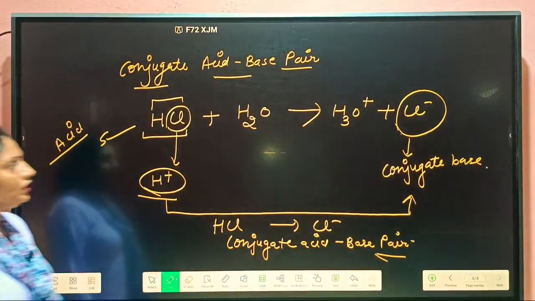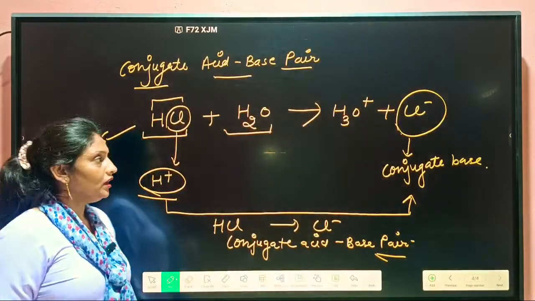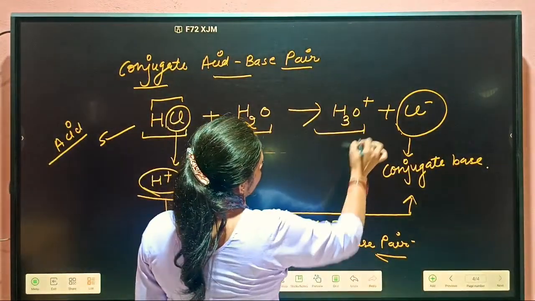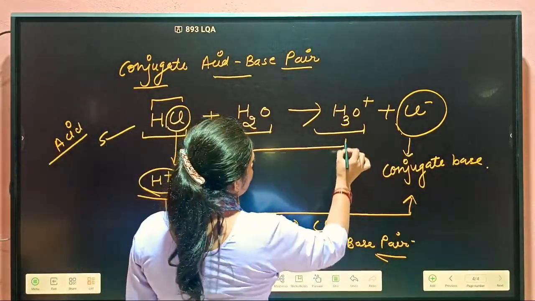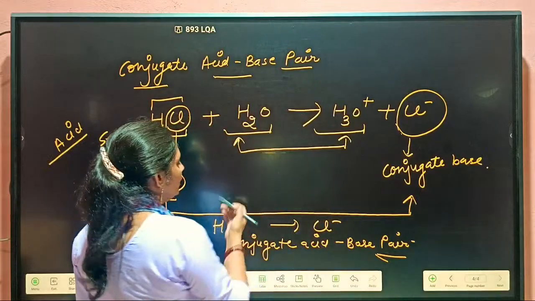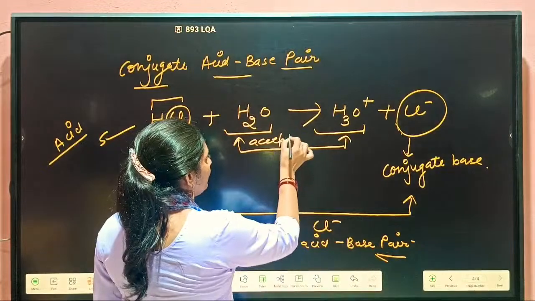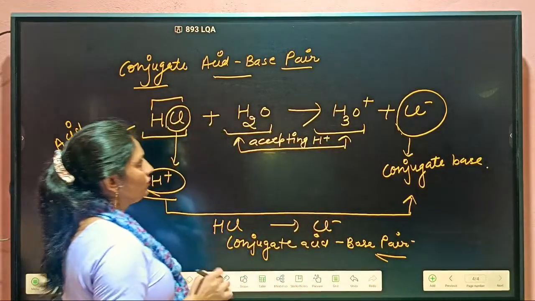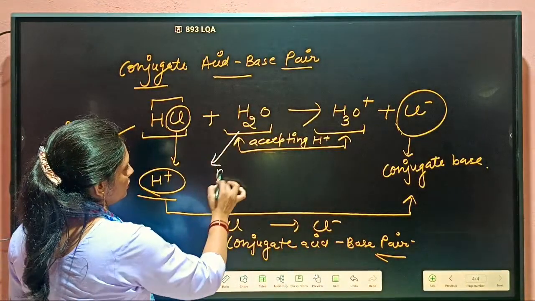Okay, then you can see here, if I talk about this water, here it is accepting one H positive and it is converting into H3O positive. Because it is accepting H positive ions, this one is basic in nature.